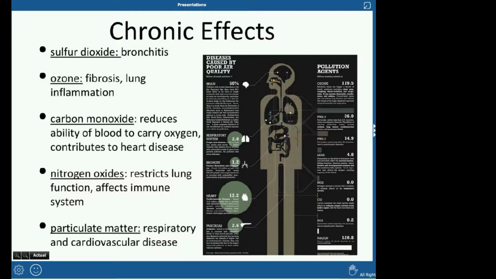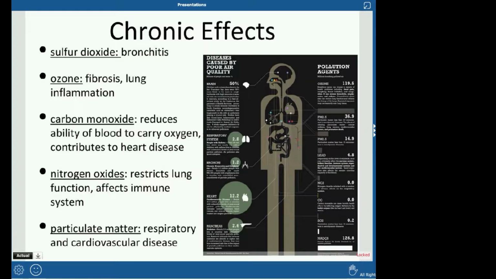Another thing they'll ask on the AP exam, and I think is on that FRQ I was mentioning, is what's a primary pollutant, and then what is a human health effect from that? One of the main human health effects of sulfur dioxide is bronchitis. It can also mix with water in the atmosphere and cause acid rain.